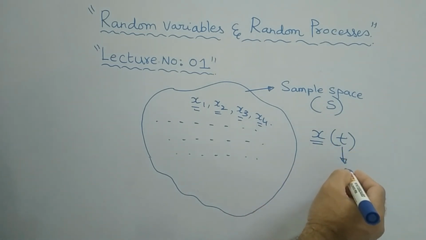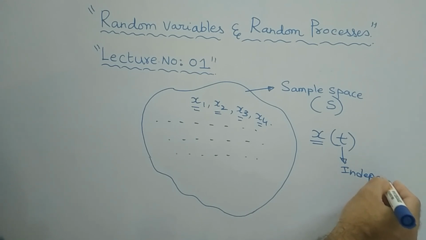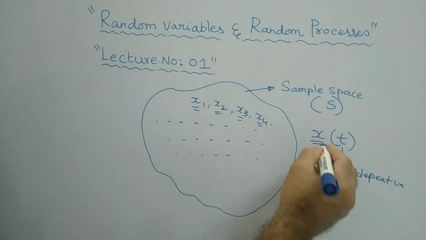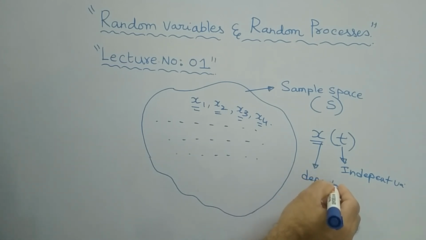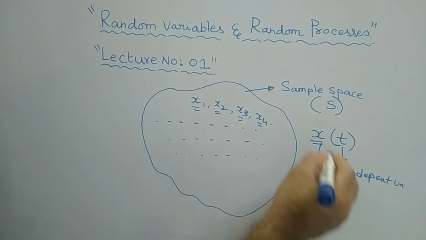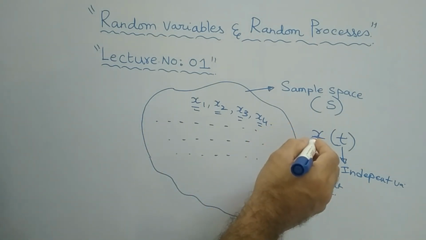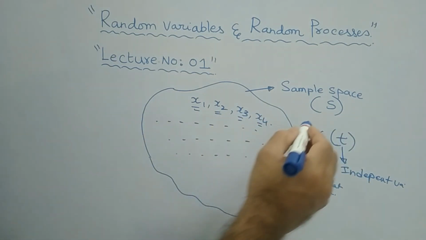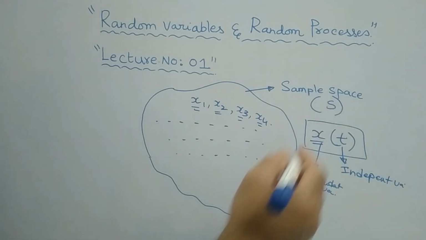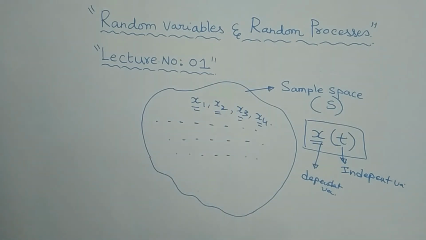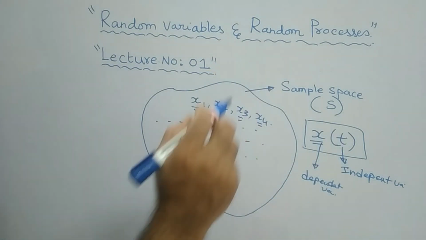T is always an independent variable, whereas x is a dependent variable, right? It means x depends on time. Now this x of t I am calling a function. Function x is a function depending on time.